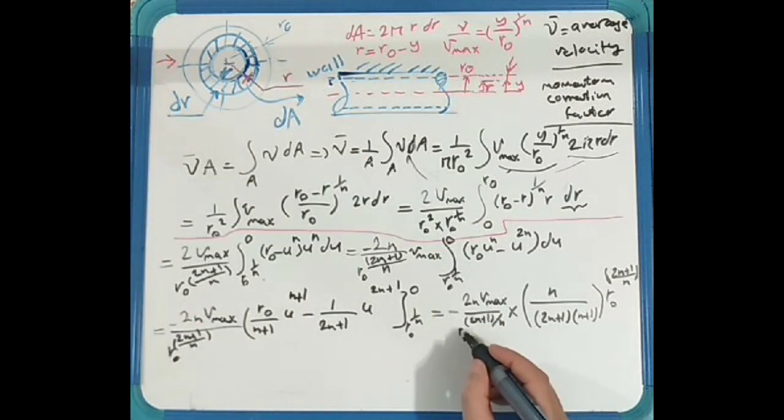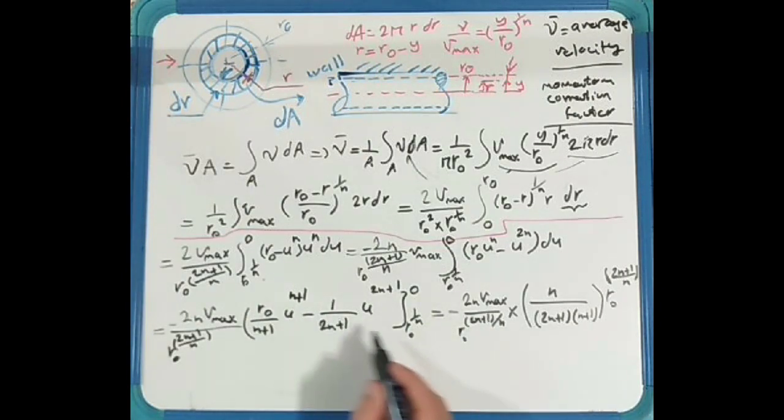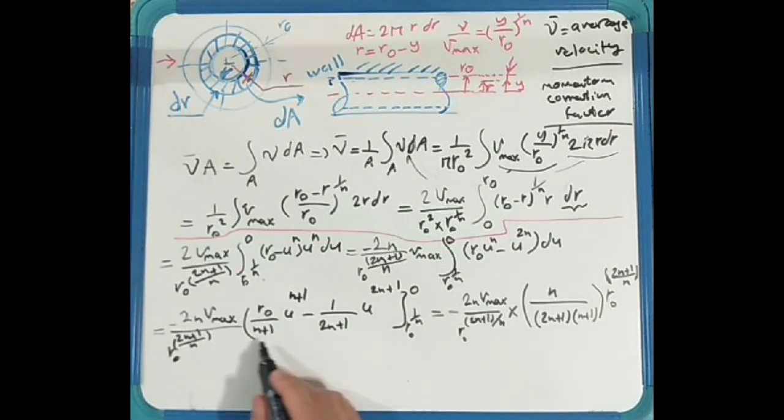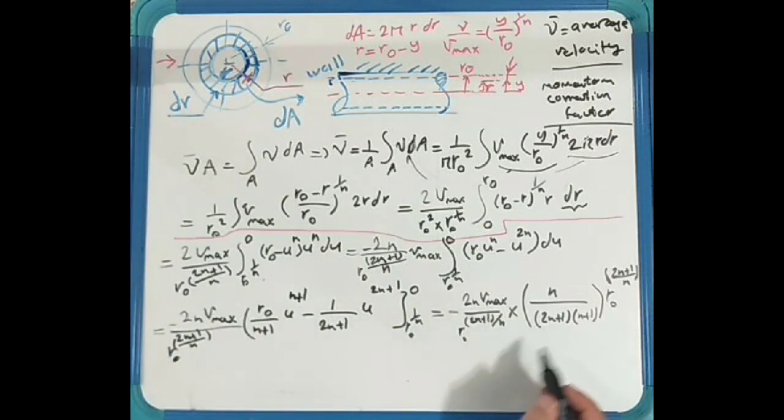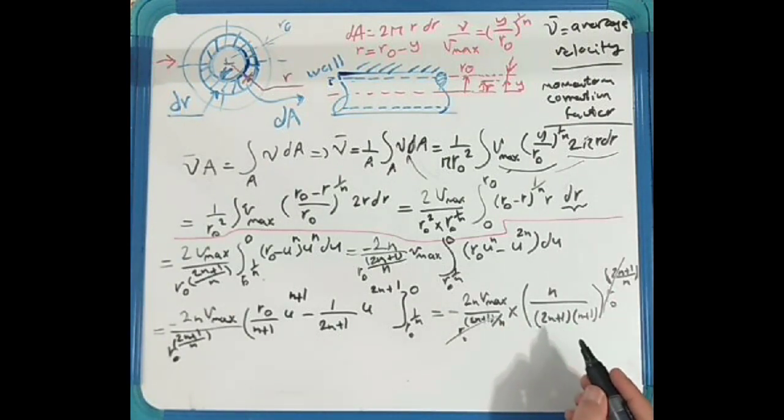Okay, if you calculate all of these, you will have this one, and it is obvious these two terms will eliminate each other. Okay, these two terms eliminated each other.